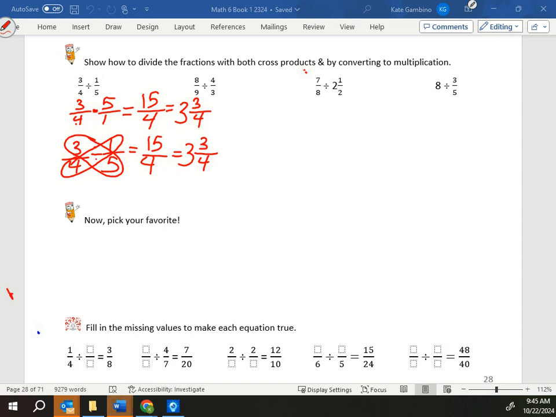I have to change that mixed number to be improper. You have to do that. When you're multiplying or dividing fractions, you cannot leave it a mixed number. You have to change it. So remember, to change that, we have 2 times 2 is 4, plus 1 is 5, denominator stays the same. So you must change any mixed numbers to be improper in order to multiply.